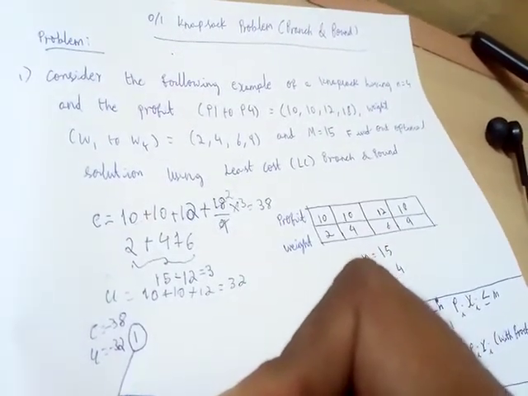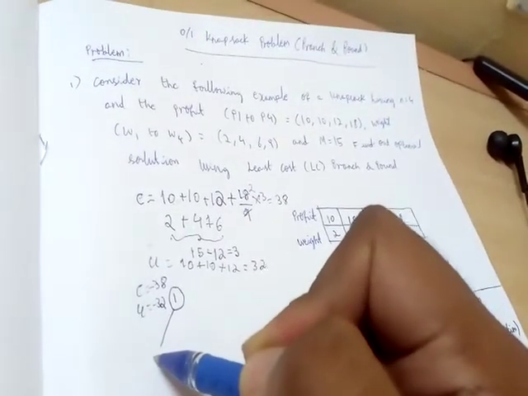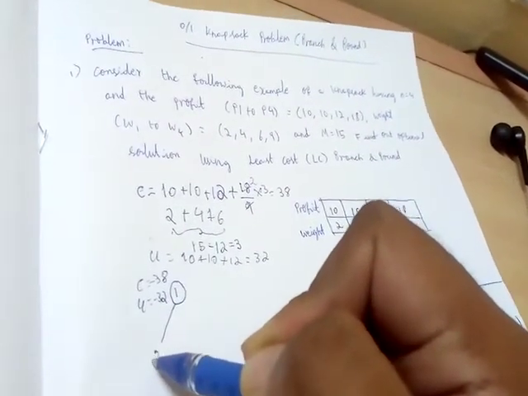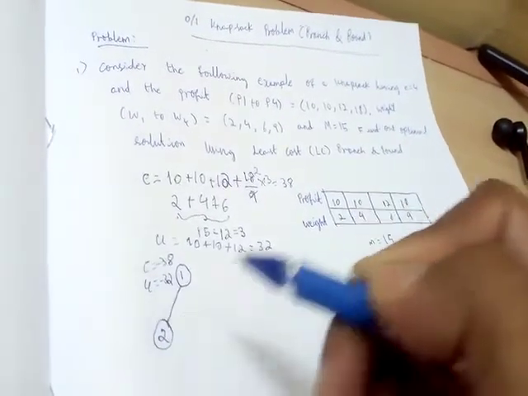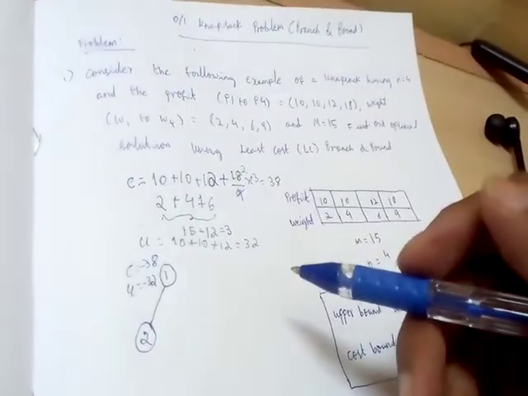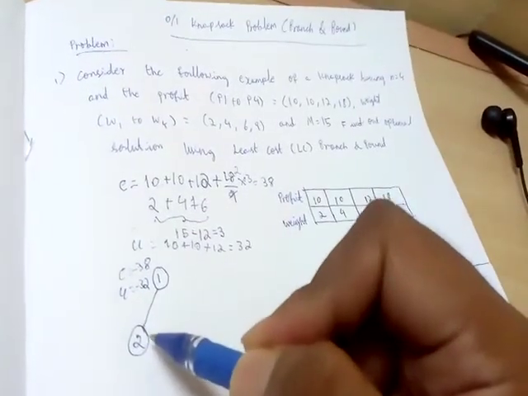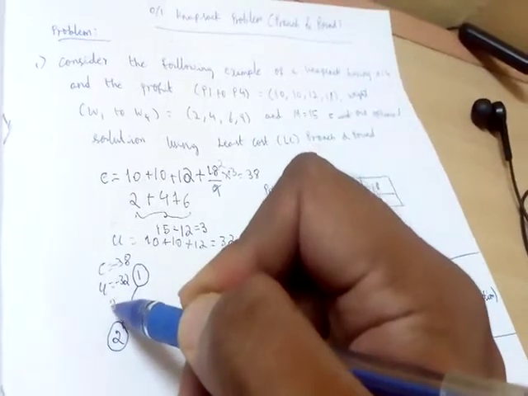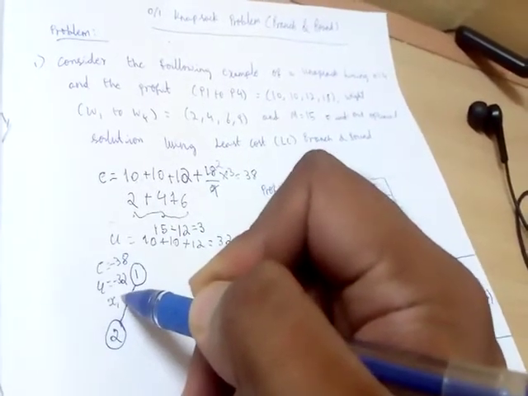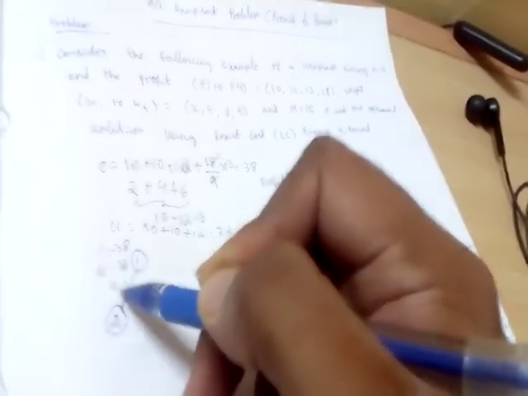Then I have to go for the next level of the branch and bound state space tree. While going to the next level, I have to consider a scenario where I am adding the first item. The first item I will represent by x1.